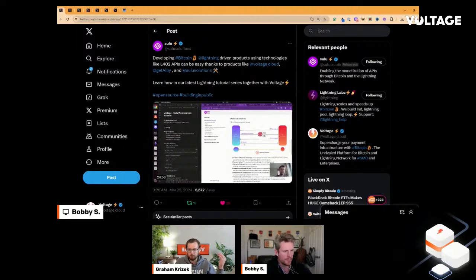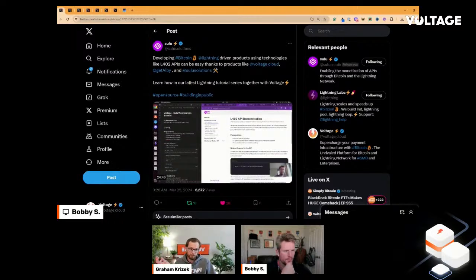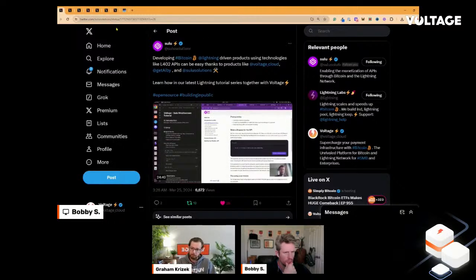I think Sulu's solution is really helpful because you don't have to build everything from the ground up. They provide a really simple experience on top, so overall it's a way of monetizing the data and access to the underlying platform via the Lightning Network.